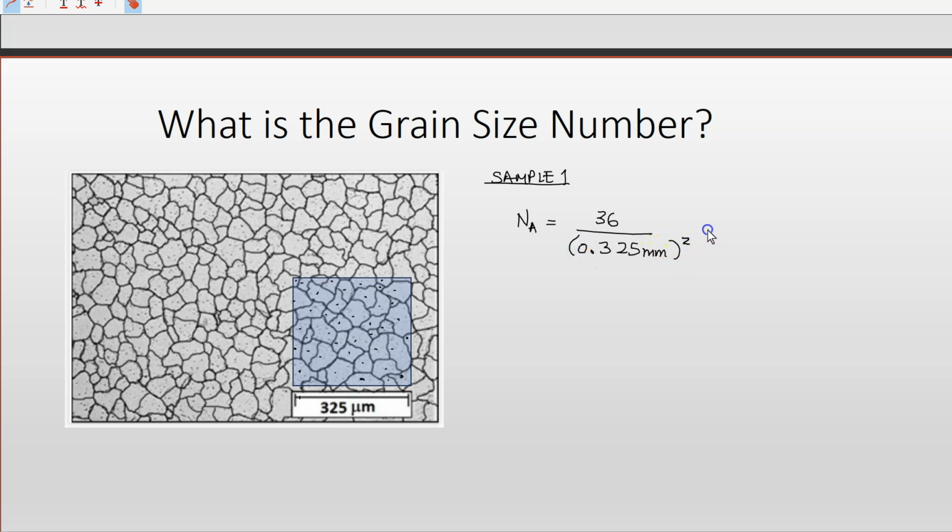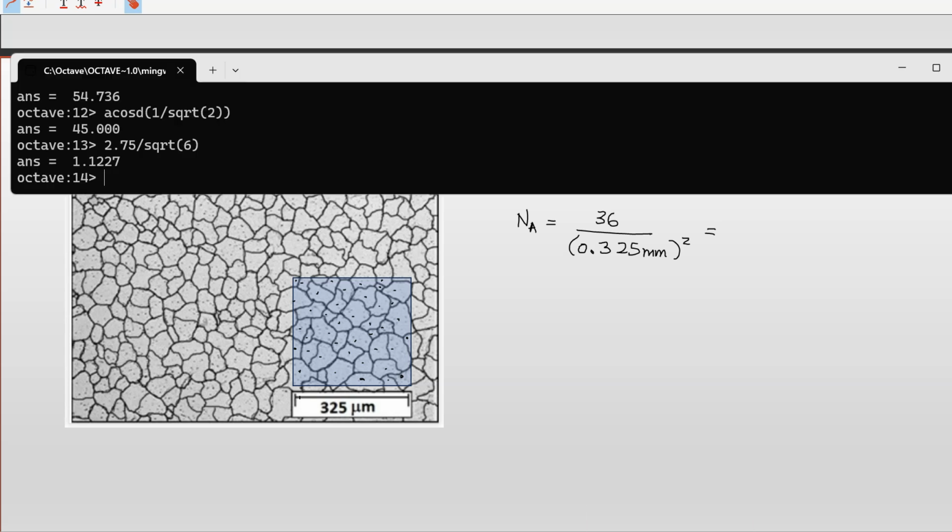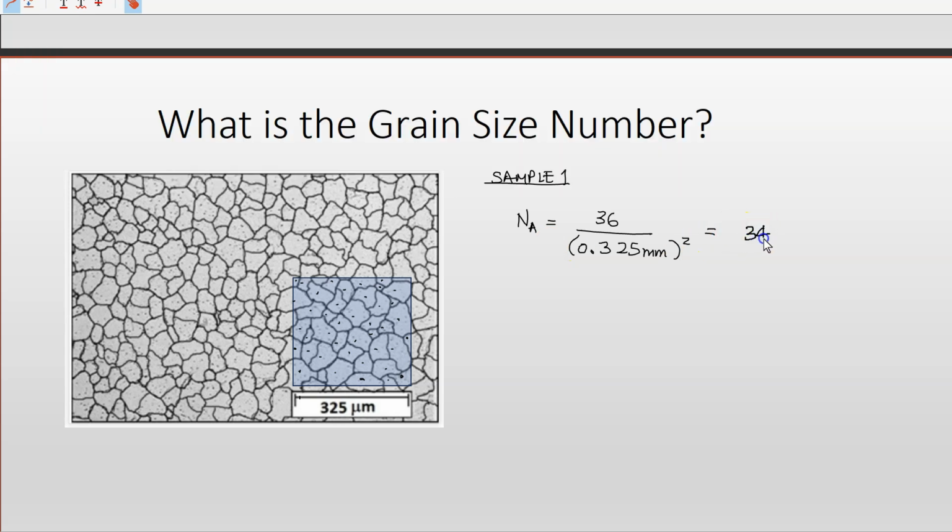So let's calculate that out. 36 divided by 0.325 squared. I get 341. Okay, so the number of grains per square millimeter at a magnification of times 1 is 341.